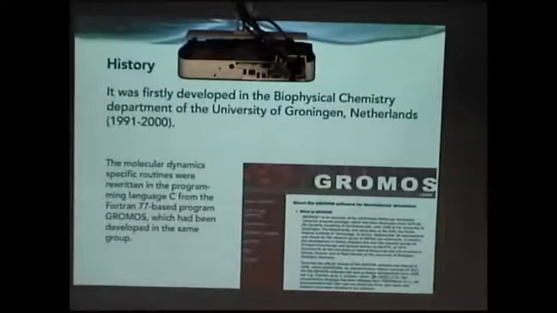GROMACS was first developed in the biophysical chemistry department of the University of Groningen, Netherlands, between 1991 and 2000. Its main routines were rewritten from an old software based on Fortran 77.